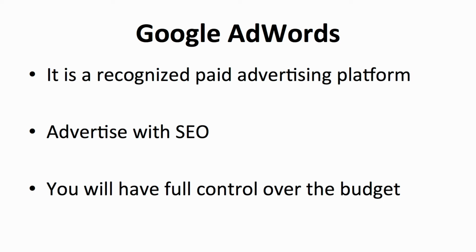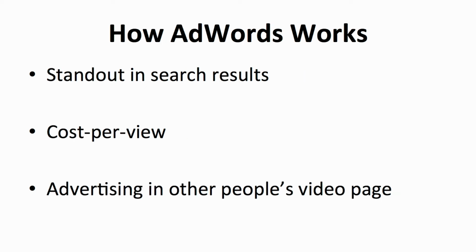You get to set your own daily budget for the ad campaign, which I will talk about later on in this video as well. When all the criteria of your site has met all the requirements by Google, your video will stand out in the search results. Then, it will boost the exposure of your video to your targeted group based on the keywords searched by the users, and obviously, gets your videos to rank higher.